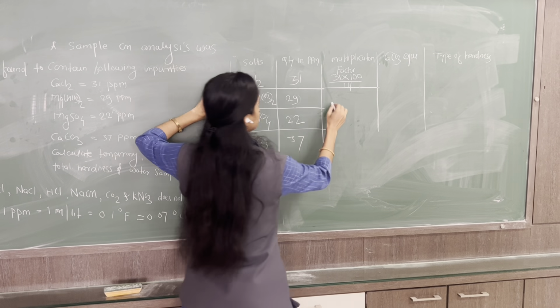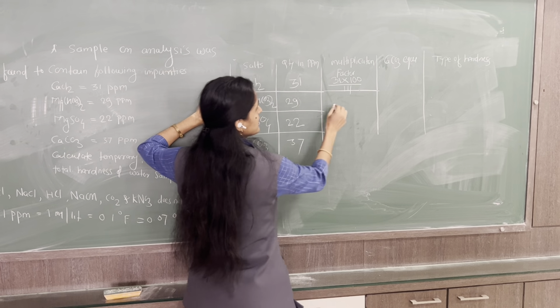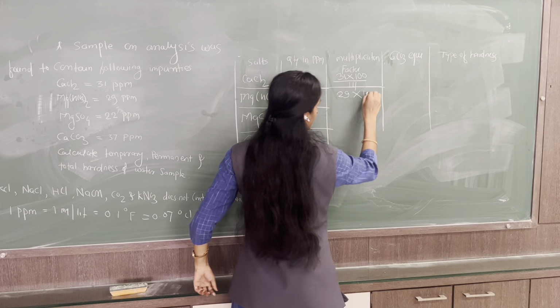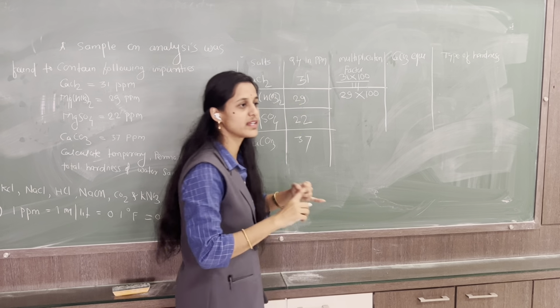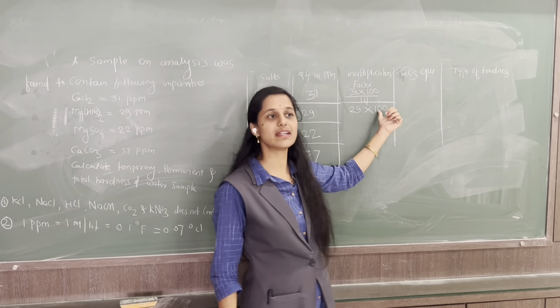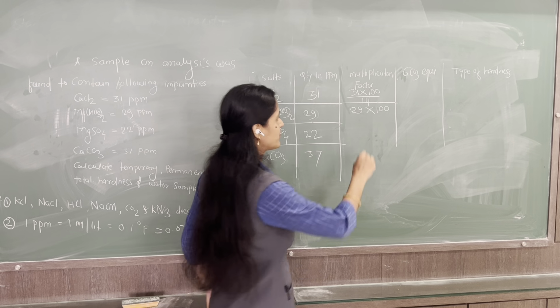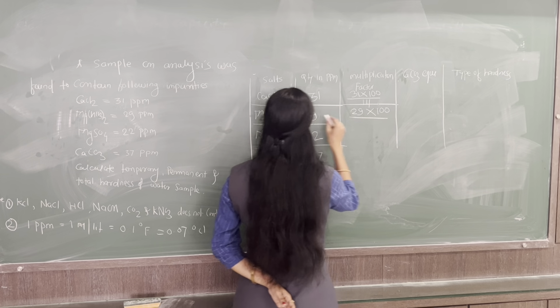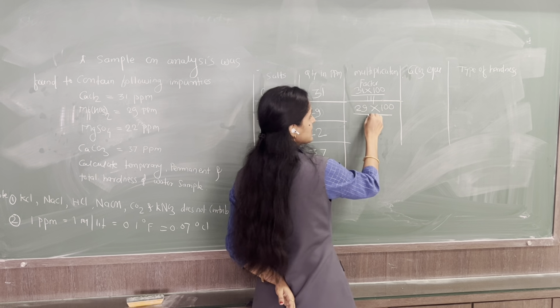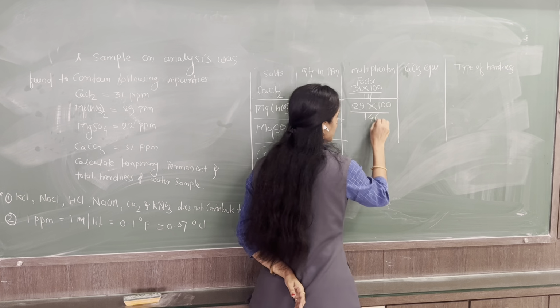So in case of Mg(HCO3)2, the impurity is 29 into 100. Why have we taken the 100? Because we are calculating equivalent to CaCO3, which has molecular weight 100. So we put 100 divided by the molecular weight of Mg(HCO3)2, which is 146.